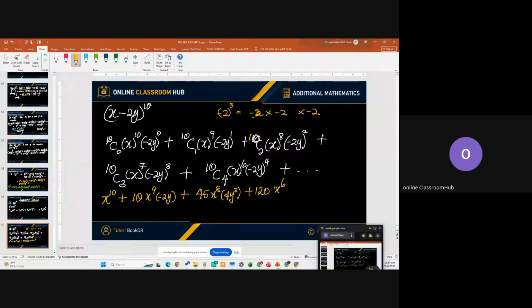So the -2 times -2 will give me +4. Then multiply -2 again to give me -8. So anytime you raise a negative number to a power of 3, the negative does not vanish. It's still negative. So here it's going to give us -8 y raised to the power 3.